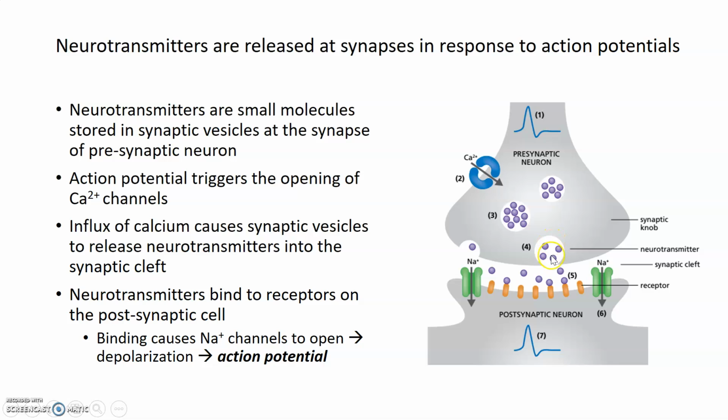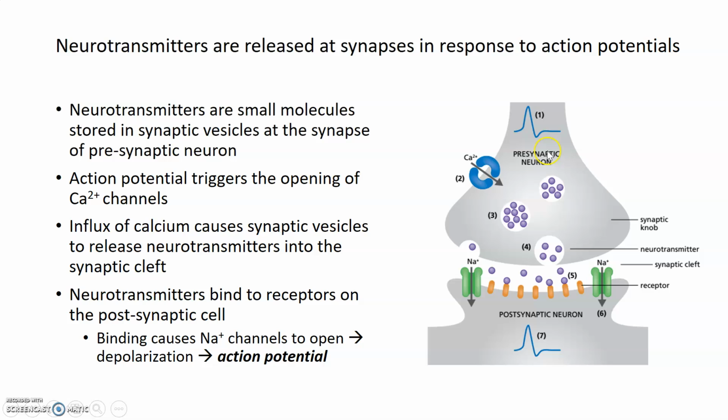And those neurotransmitters get released into the synaptic cleft. They can bind to receptors on the postsynaptic cell, neuron, or other cell. And when they do that, they trigger the opening of sodium channels. And when sodium rushes into the cell, as we just talked about, the cell becomes depolarized, and now this postsynaptic cell can fire another action potential.